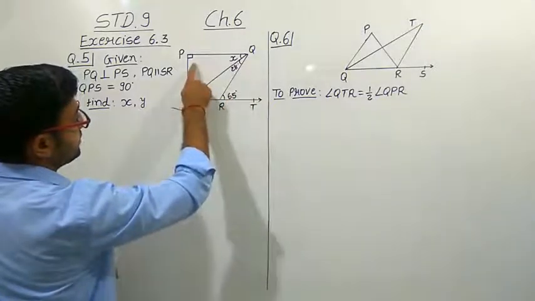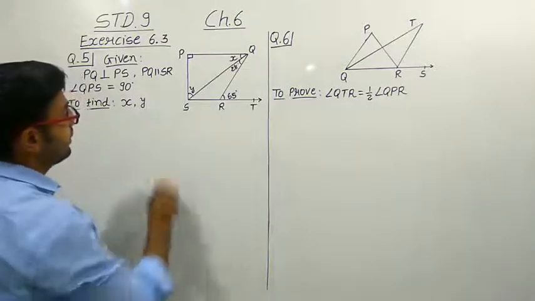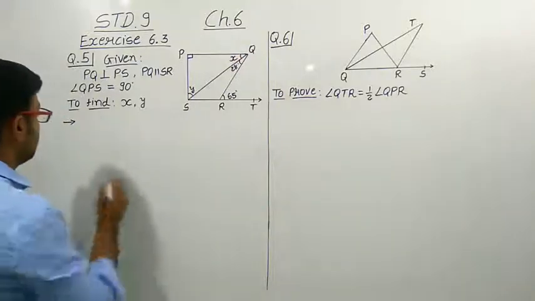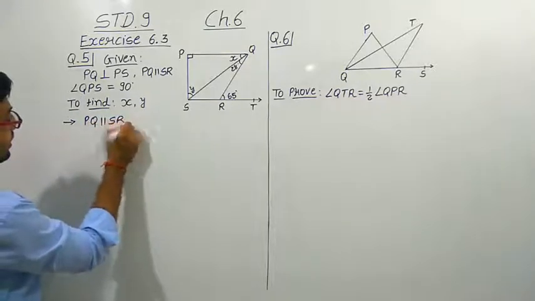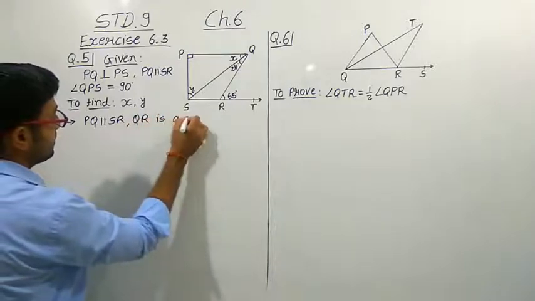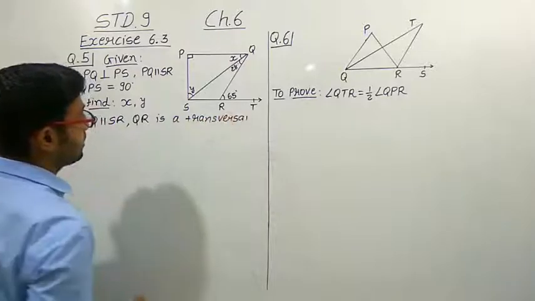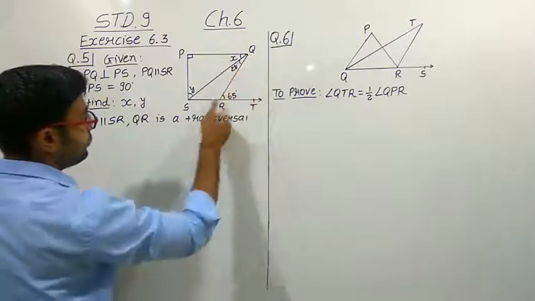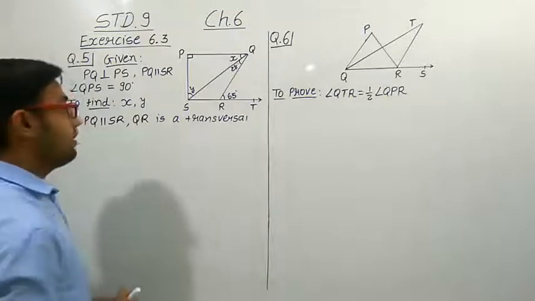See, here if we consider PQ and SR as parallel and QR as a transversal, then what will happen? The angles PQR and QRT will both become equal because of alternate interior angles.